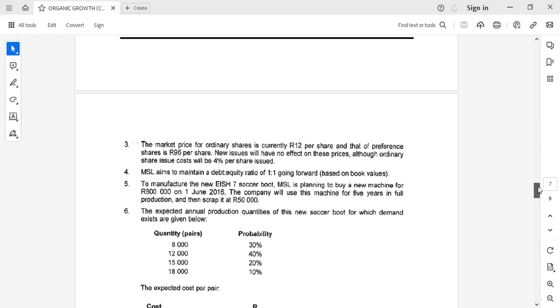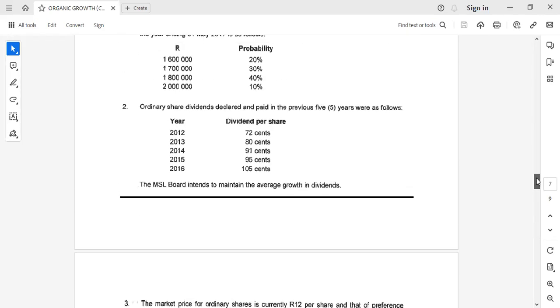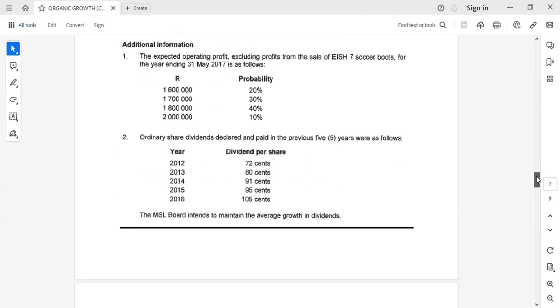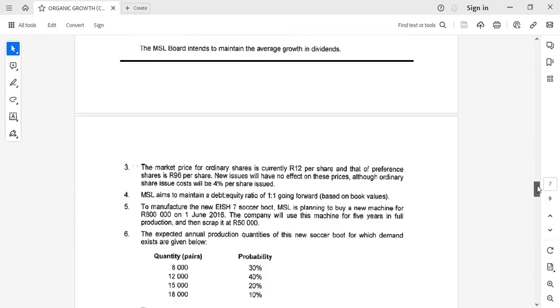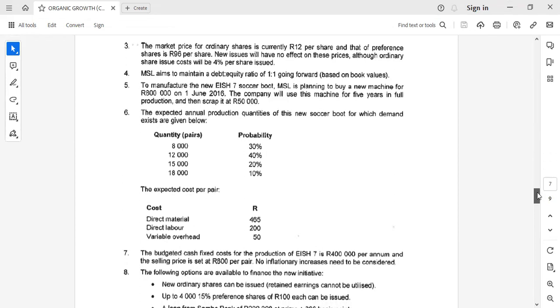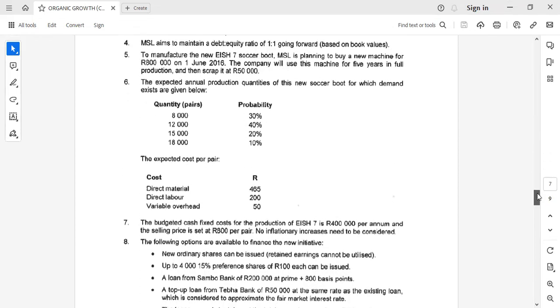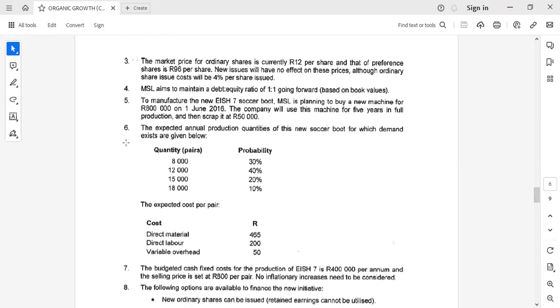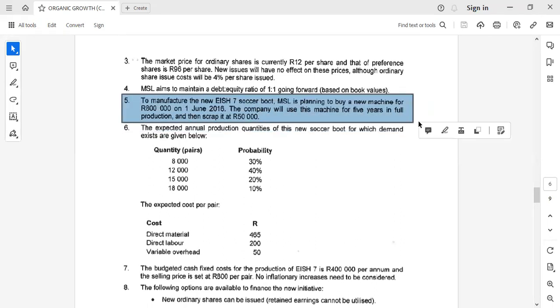Right, we are told that I think the machine starts here on number 5. So we're starting here. To manufacture the new H7 soccer boot, MSL is planning to buy a new machine for 800,000 in June 2016.